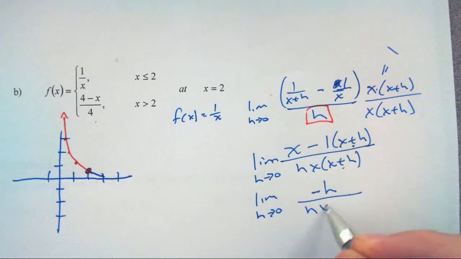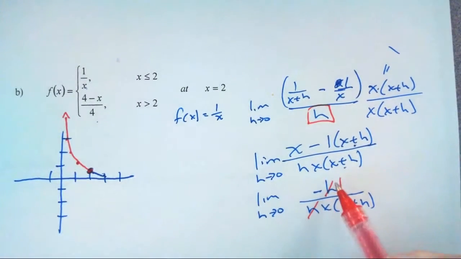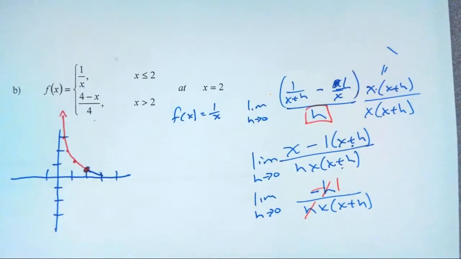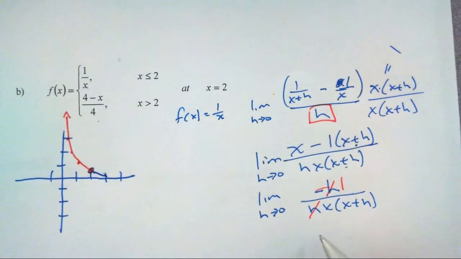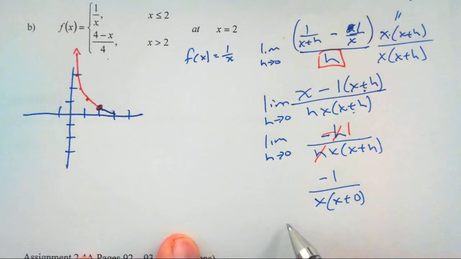All on h, x plus h. Therefore, I can cancel this. I now have negative 1. Direct substitute 0. I've got negative 1 on x times x plus 0, or f prime of x is negative 1 on x squared.